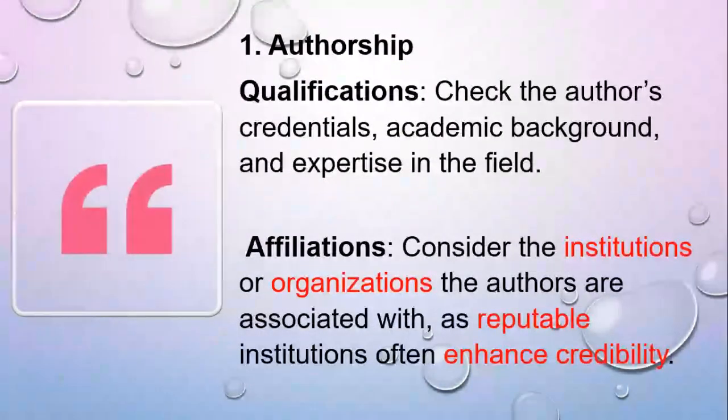So I think we mentioned authorship. I mean the qualification of the author. We have to look at the qualification of the author or the writer. You see one of the pioneers in the field, one of the reputable authors. So check the author's credentials, academic background, and expertise in the field. And also we need to think about affiliations. We mean by this the institution or organization that the author is associated with.